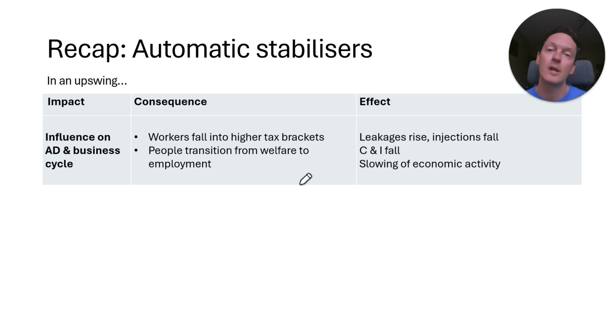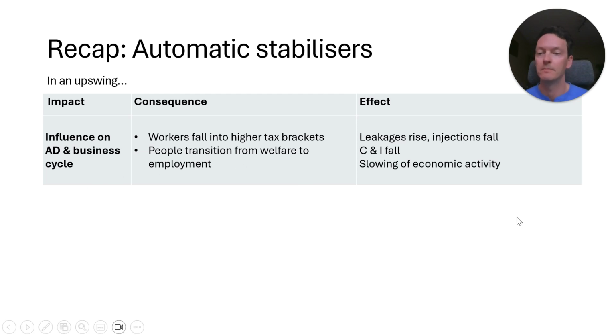And you've got to remember what we're trying to do here, through these automatic stabilisers, is stop those really high peaks of economic activity reaching levels of productive capacity and therefore inflation. And so when things are going well, that's good because people have jobs, but we just don't want them to be going too well. And that's where the automatic stabilisers come in, to, as the word says, stabilise the level of economic activity.